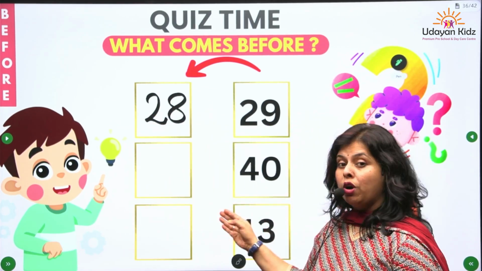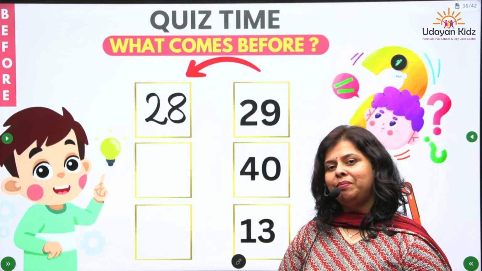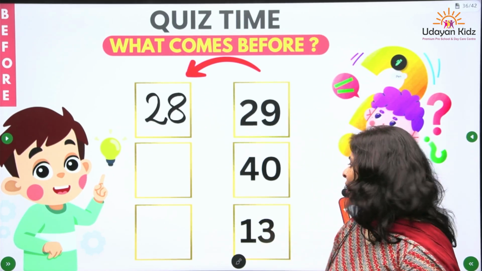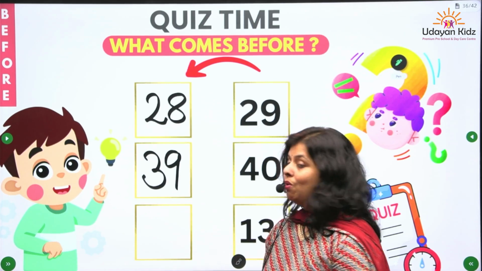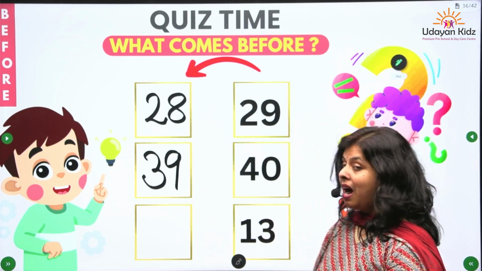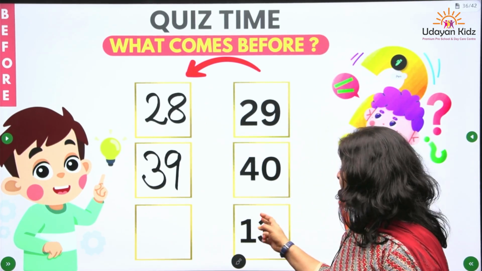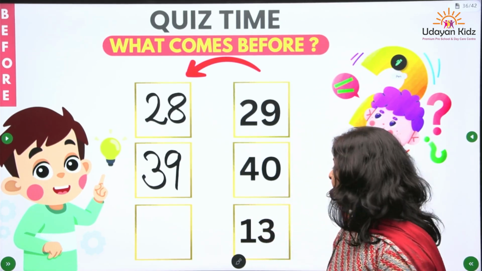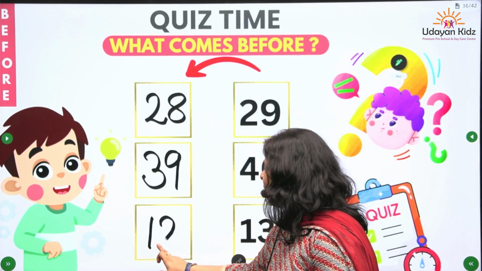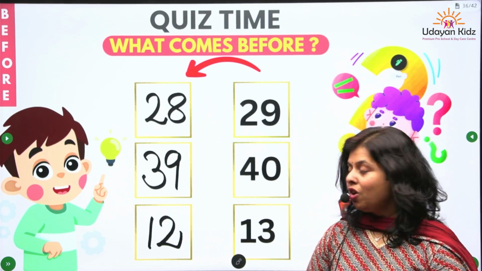Next, what comes before 40? Very good. Number 39. Good job. And the last, what comes before number 13? Correct. Number 12. Good job, children.